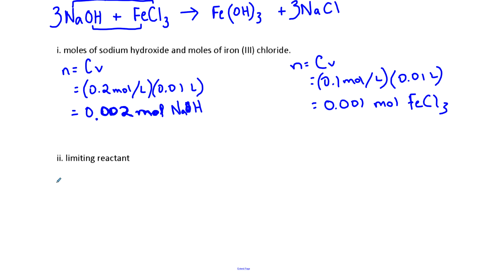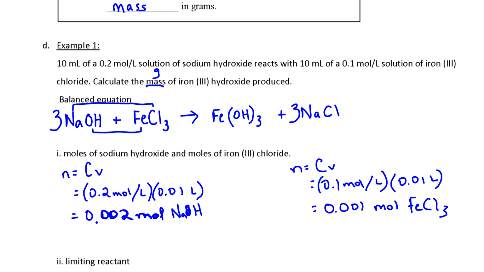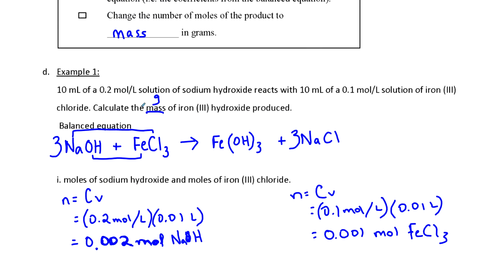To save yourself time and effort, you can choose either product, but it makes the most sense to choose the one the question is asking about so that you don't do extra work, because these are long, time-consuming problems as it is. So make it easy on yourself.